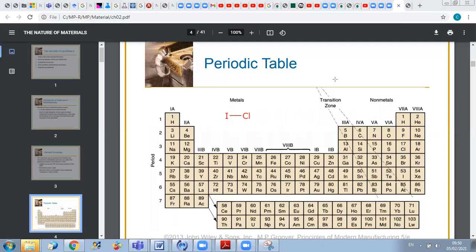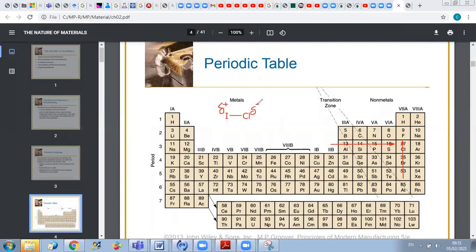Electronegativity increases in this direction. So it's clear that Cl is more electronegative than I. This is why when combining I with Cl, I will have a positive dipole, delta plus, while Cl will constitute the negative dipole, delta minus.